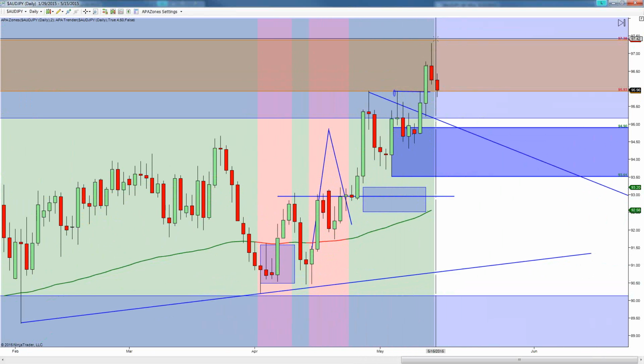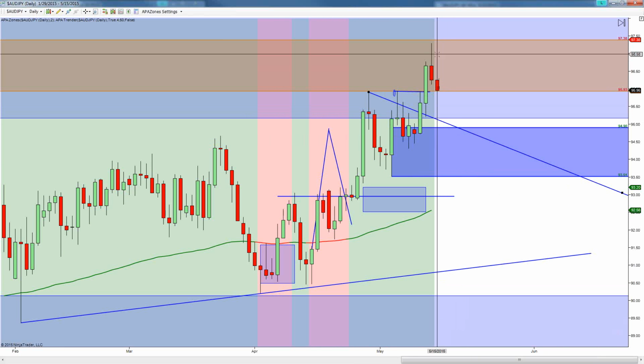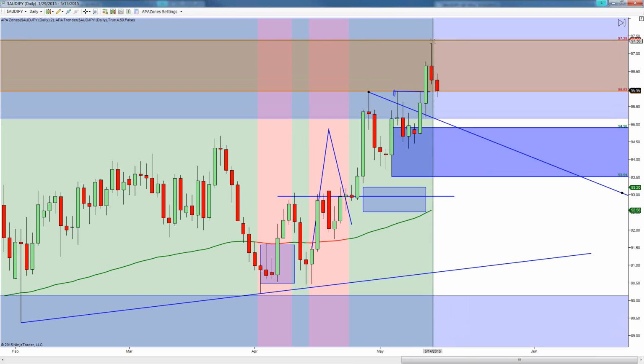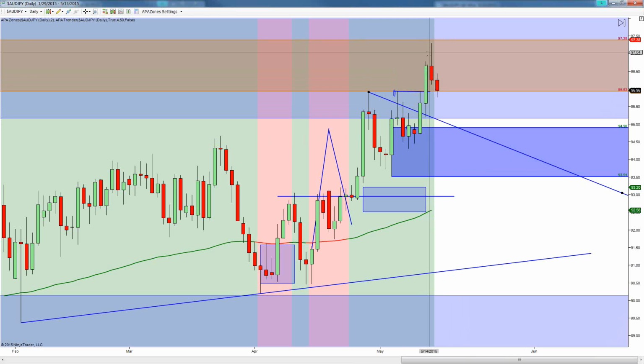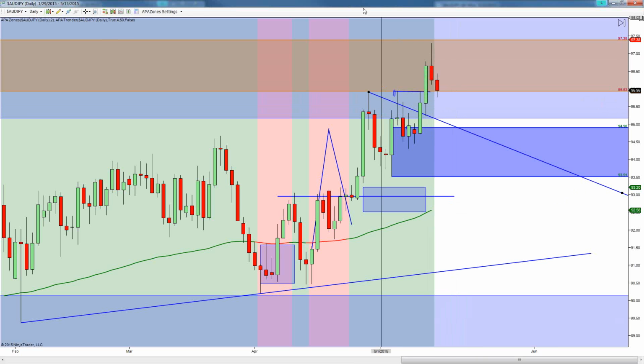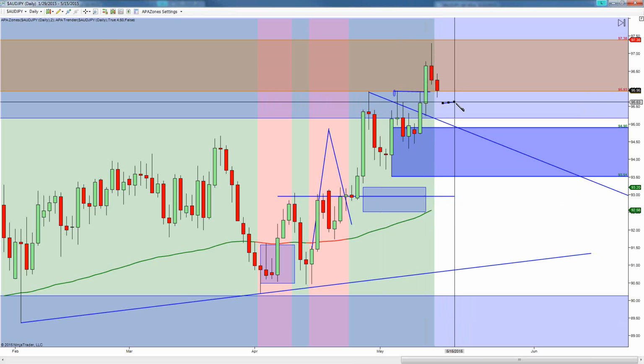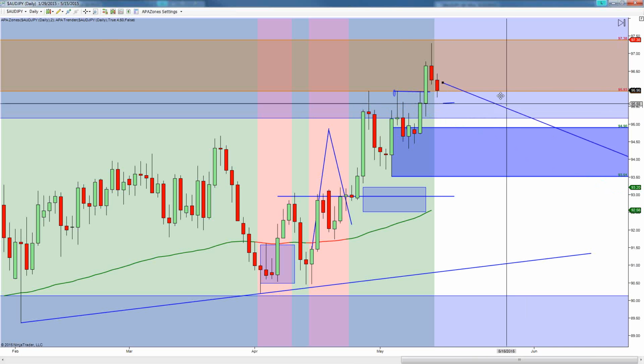It could still push to the downside, but considering how deep that retracement is up to the top side, I just want to wait and see. I want to wait and see confirmation coming out of one of these levels, either to the downside, so maybe something in this range, or to the high.